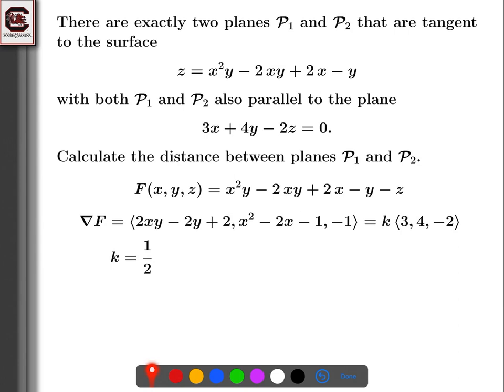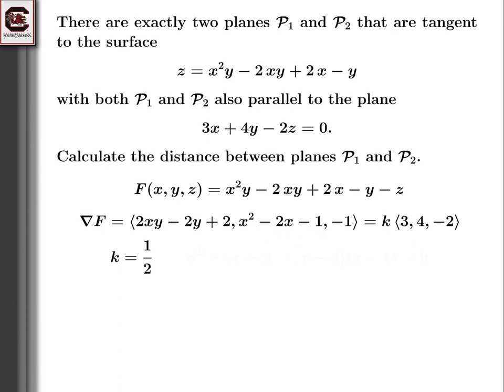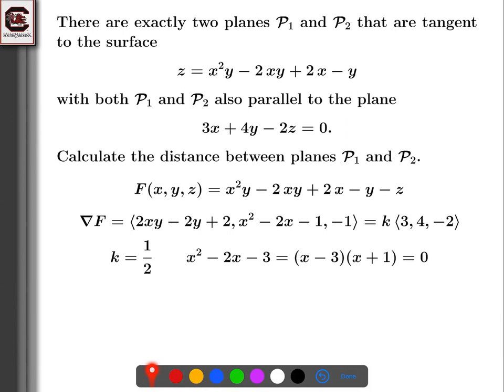Now, how can we use that? Well, we can see then that x squared minus 2x minus 1 has to equal 1/2 times 4, or 2. So x squared minus 2x minus 1 equals 2 means that x squared minus 2x minus 3 equals 0. And here I've factored this expression. It's x minus 3 times x plus 1.